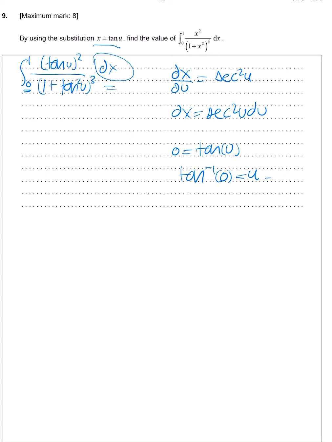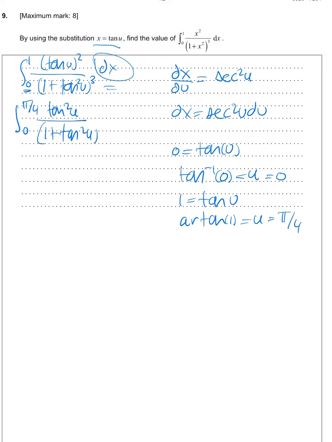It is 0, good. And then 1 is equal to tangent of u. So arctan of 1 is equal to u. It's pi over 4. All right, good. So that's pi over 4. Good. So now I can rewrite this in a more suitable way. So this is tangent squared of u over 1 plus tangent squared of u cubed secant squared of u du.